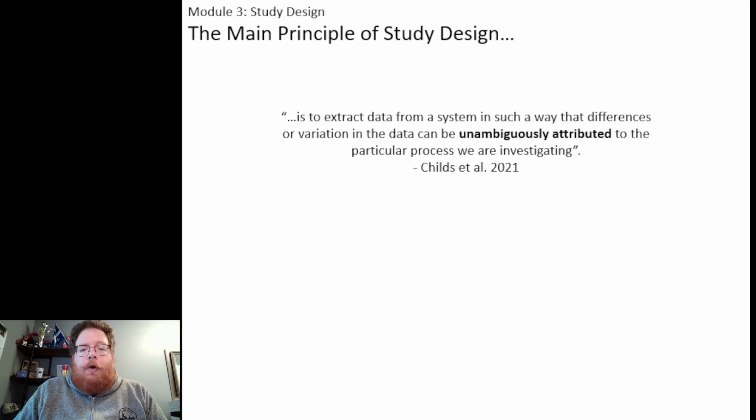And we don't want that. We want our results to be unambiguous. So that is the key word to keep in your mind. You want to design a study where the results of that study will be as unambiguous as possible.